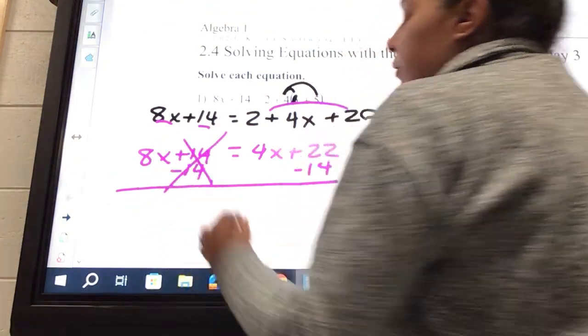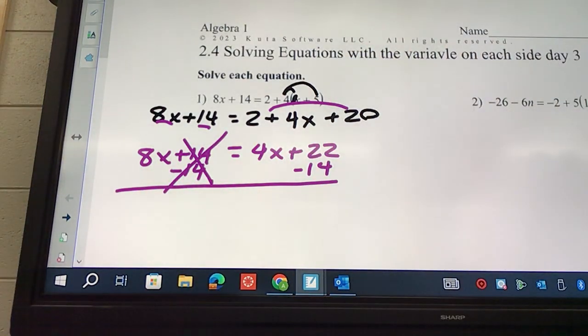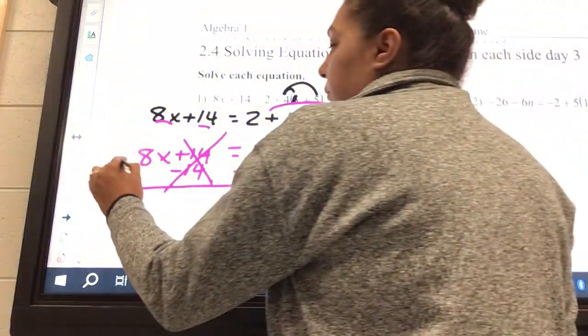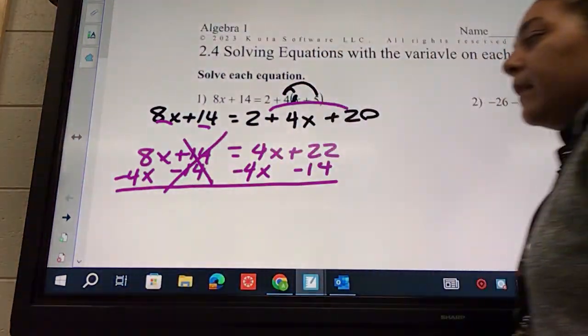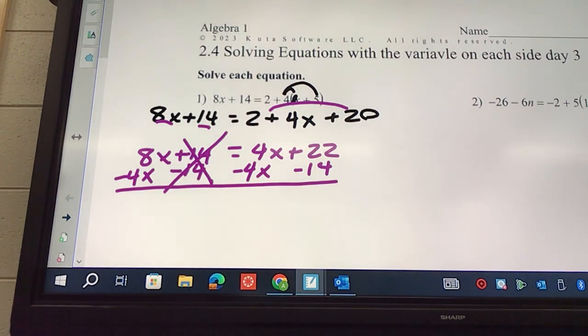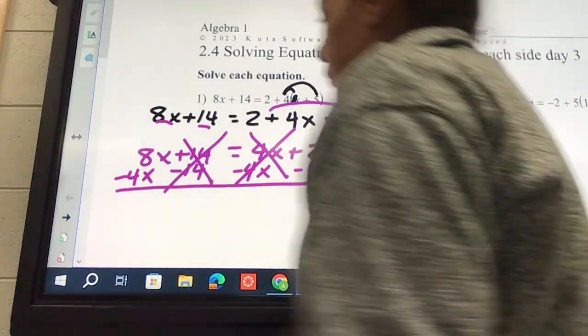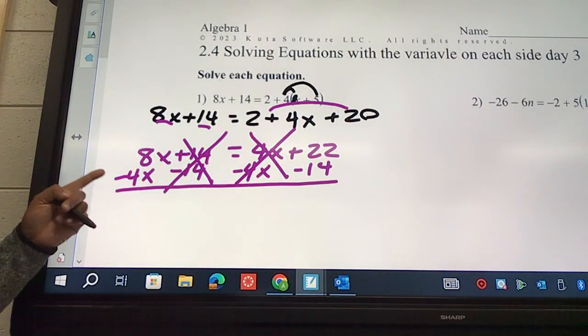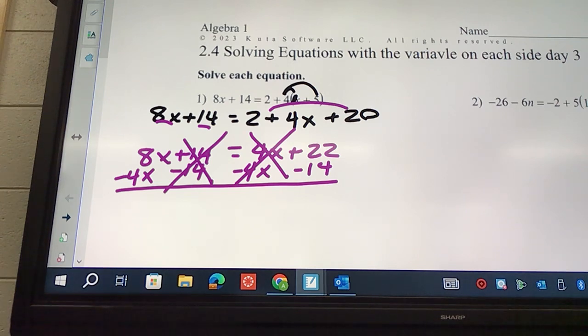What else needs moved? The 4x needs moved over. Why the 4x? It's a letter, and letters go to the left. Again, you should have two big x's on both sides of that equal sign, and then you know you've done this right. So 8x minus 4x is what? 4x.